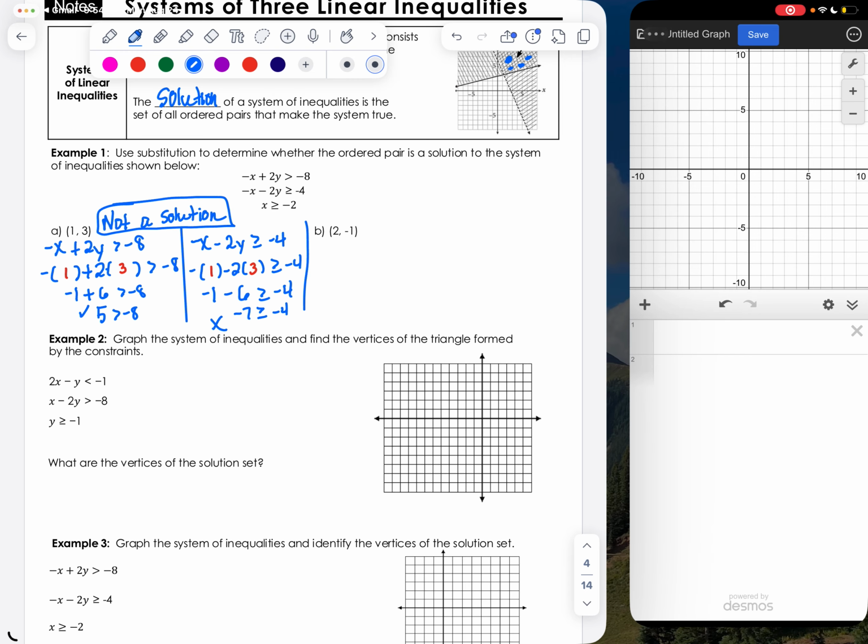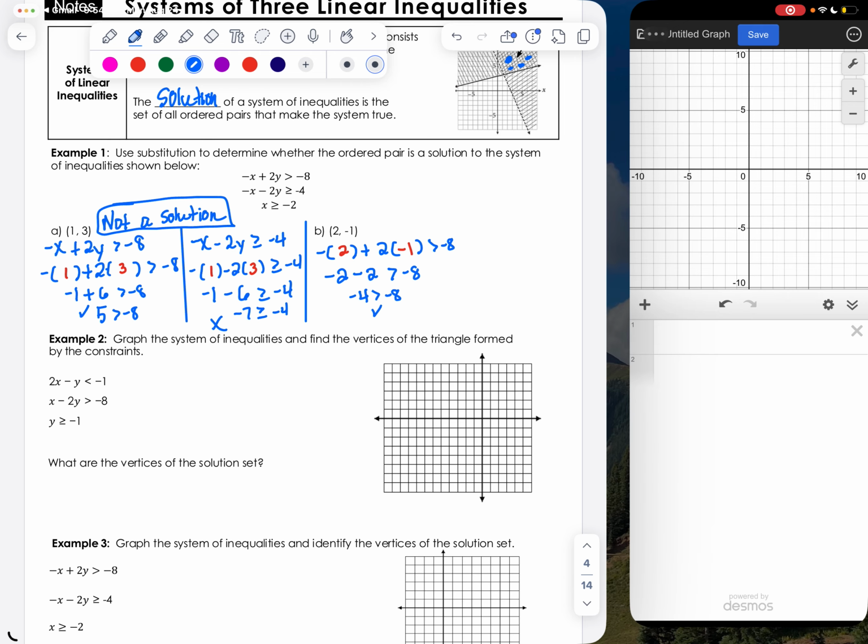All right, let's look at B. Here our ordered pair is 2, negative 1. So let's take our top inequality and replace the variables with parentheses and plug in our new ordered pair, which is 2, negative 1. So this would give me negative 2 minus 2 greater than negative 8. So negative 4 is greater than negative 8.